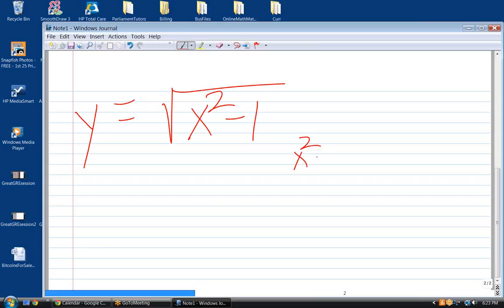X squared minus 1. That's what's inside the radical. It has to be greater than or equal to 0. Okay. Now solve that, because we're not done. Just by stating that doesn't solve it. The domain is whatever x can be. So what's the next step in solving this inequality?